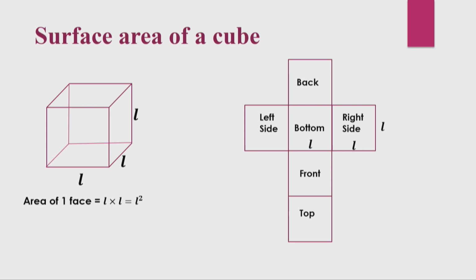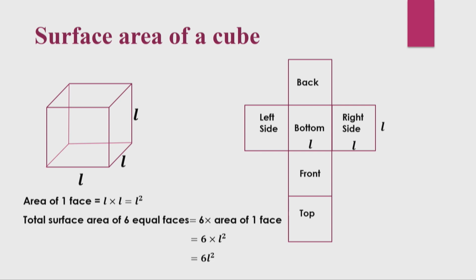The area of one face is equal to length multiplied by length, which is equal to length squared. Total surface area of 6 equal faces is 6 multiplied by area of one face, 6 multiplied by length squared, which is 6 length squared.